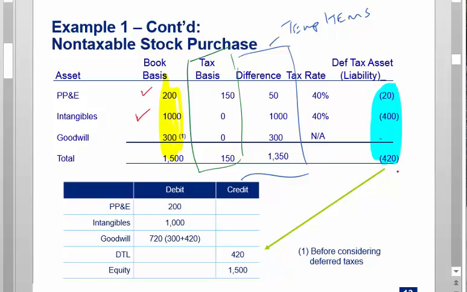And so that journal entry is going to be a credit to DTL, and then it's going to be a debit to Goodwill, but only for this piece, at least with respect to the tax entry.